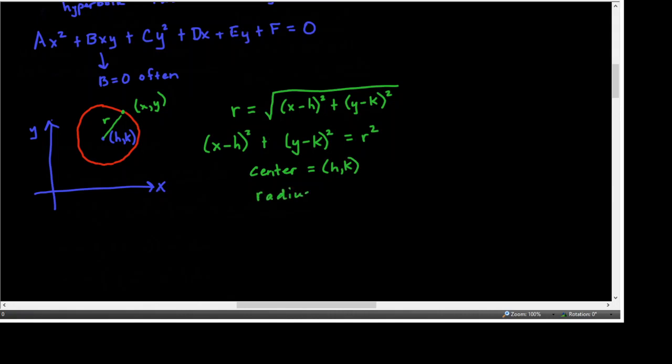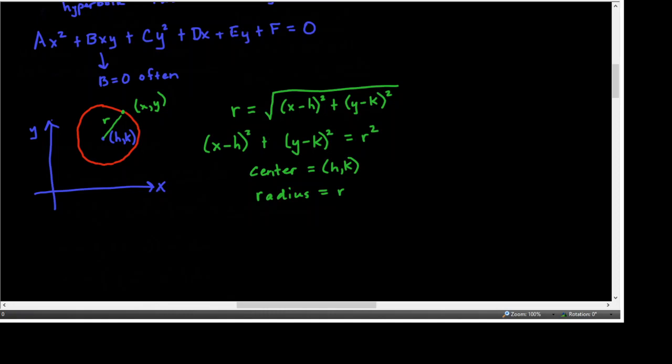So this is the standard form for the equation of a circle, and you need to know this standard form for lots of reasons. And the standard form of all of them is that when you have this in standard form, you can easily identify parts of the figure that you're going to be drawing and very quickly draw a sketch of it.